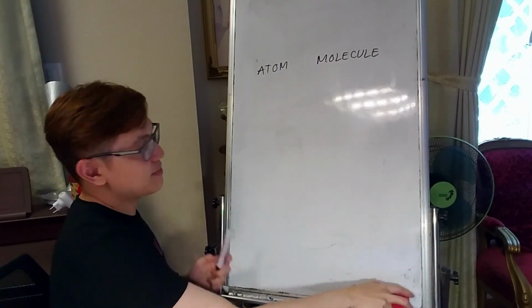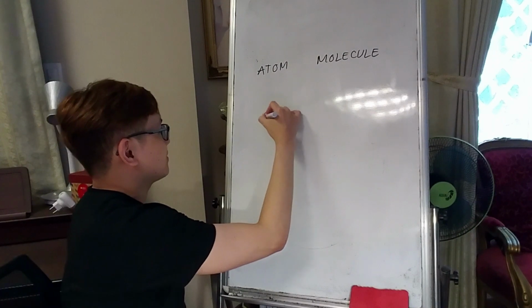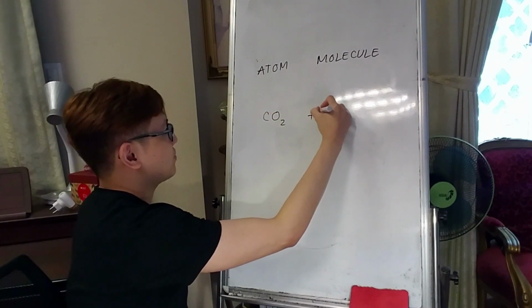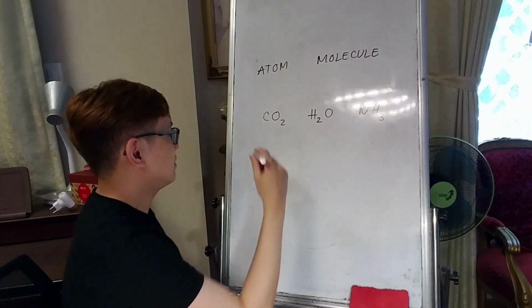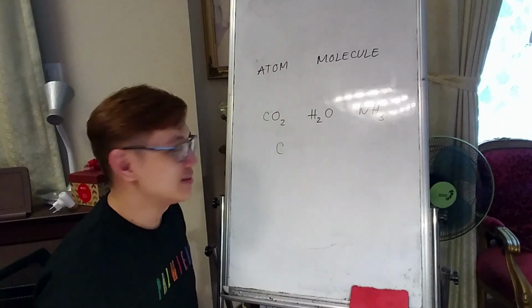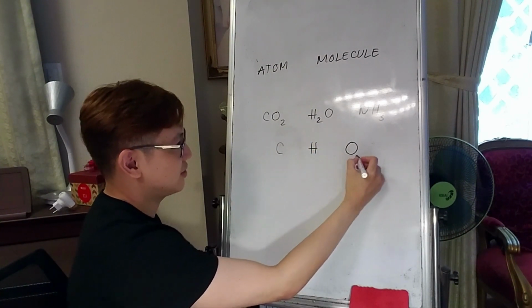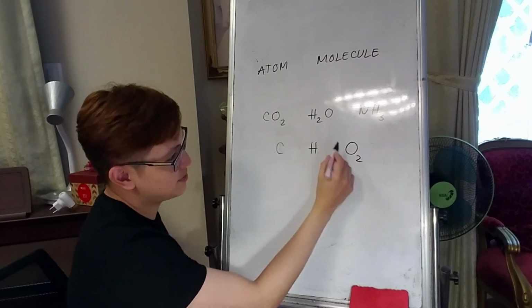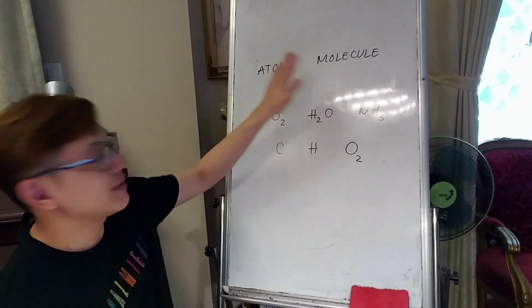Okay, so next is about molecules. So basically, you can hear about CO2 molecules, water molecules, ammonia molecules, but you don't hear carbon molecules, or hydrogen molecule, or oxygen molecules much. Okay, this is oxygen molecules, but it has to be O2. So what is the difference between molecule and atom then?